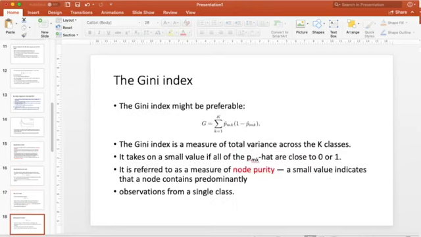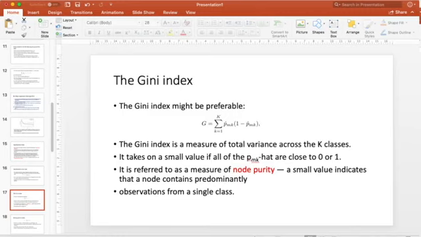Let us look at the Gini index first. The Gini index is G equal to the sum of p hat mk multiplied by 1 minus p hat mk. The Gini index is a measure of total variance across the K classes. It takes on a small value if all the p hat mk are close to 0 or 1, and this is referred to as a measure of node purity.